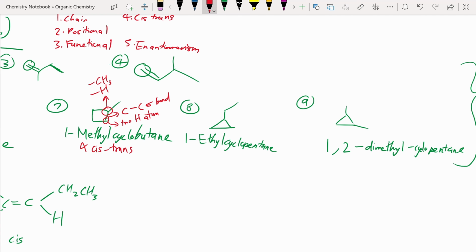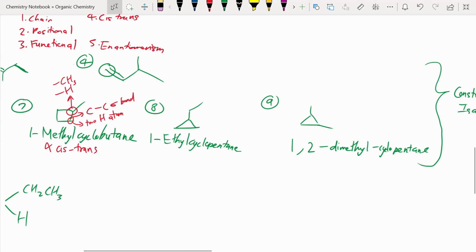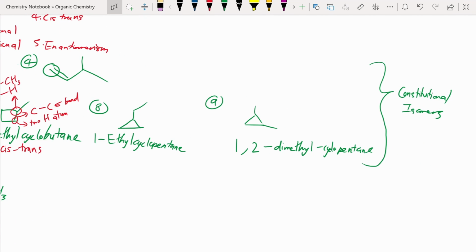Okay. For compound 8, cis-trans does not exist because these two are bonded to hydrogen atoms. This one is bonded to an ethyl group and a hydrogen atom. So for this one cis-trans does not exist.